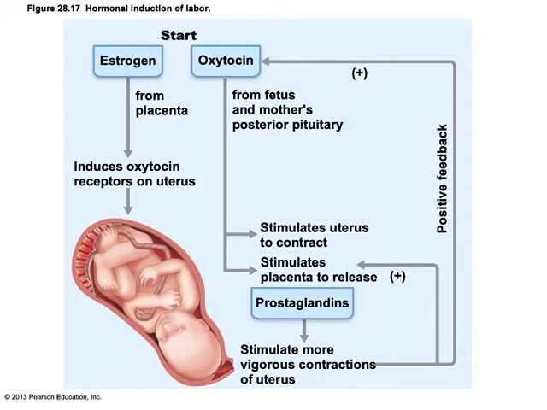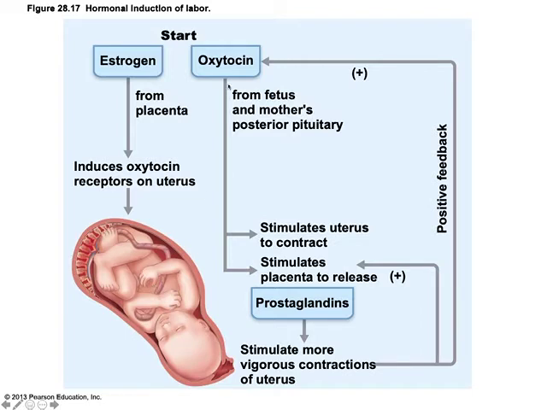So you can see here how this all begins, right? We have estrogen that's derived from cortisol that goes into the placenta from the baby's adrenal cortex. That causes oxytocin receptors in the uterus. We see the formation of gap junctions in the myometrium, okay?